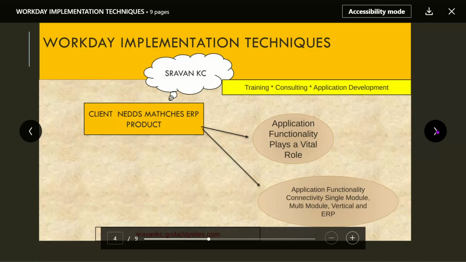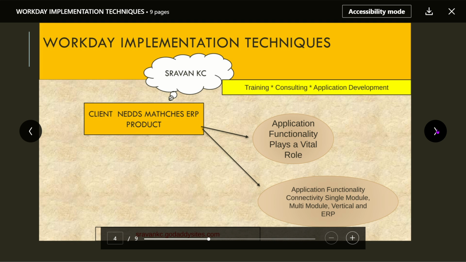When the client's needs match the ERP product, application functionality plays a vital role in ERP implementation.